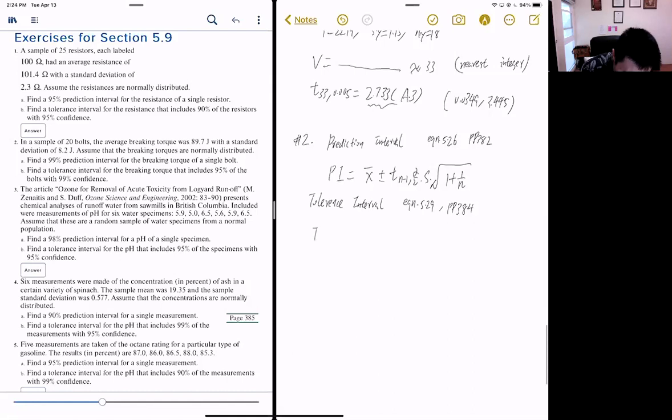So TI, tolerance interval, is the sample mean, plus or minus the T value, which has 3 parameters, N, alpha, and gamma, times the sample standard deviation. So that is table 8.4.